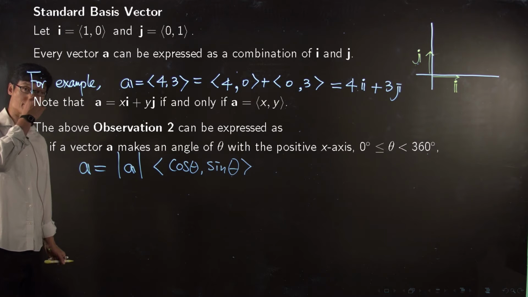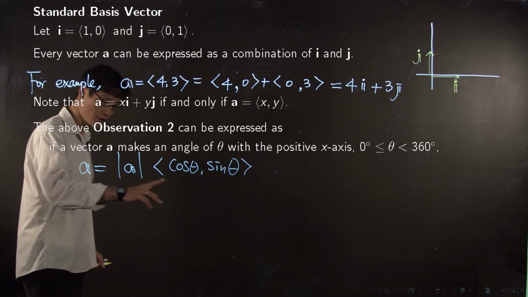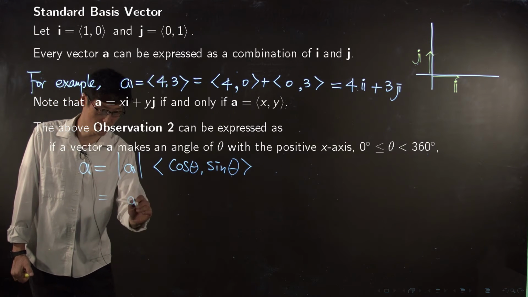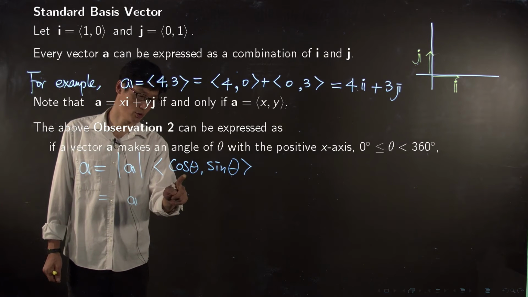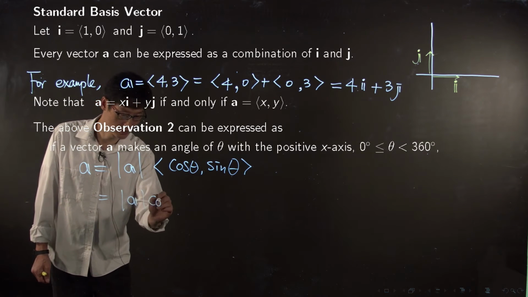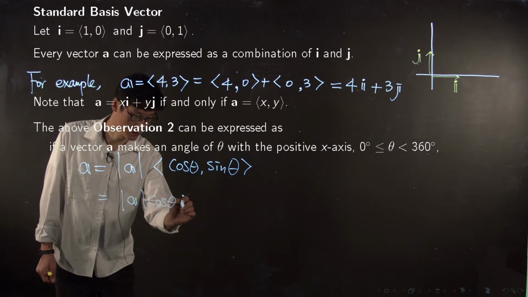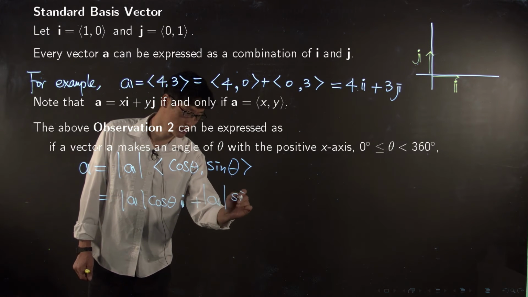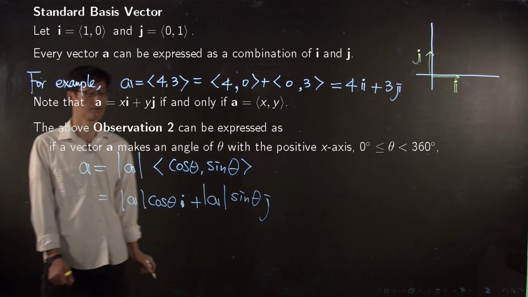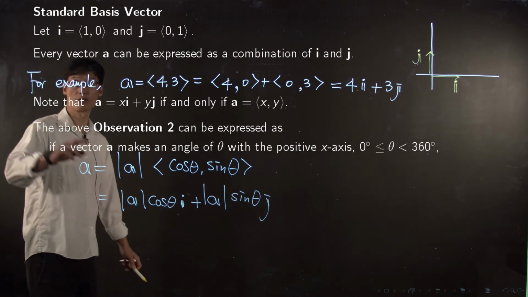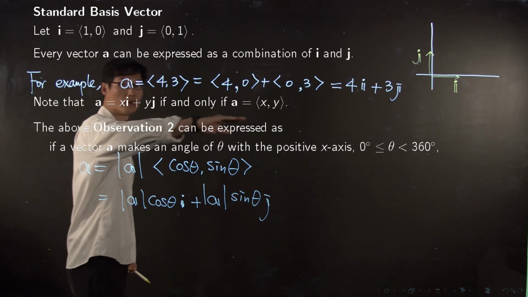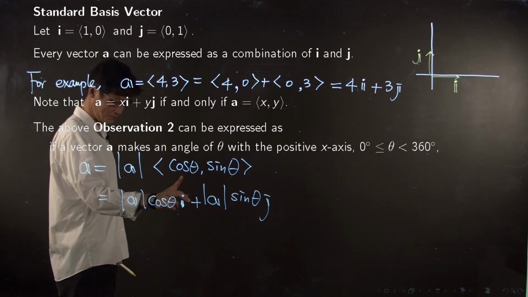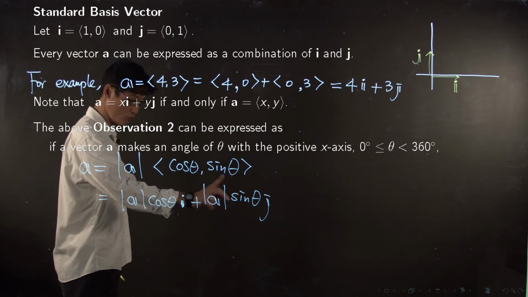We can express this vector in terms of I and J. So this is A times cosine theta, the horizontal component, I, and then A times sine theta, the vertical component, J. We are using the previous line: whenever your vector has coordinates x, y, it is xI plus yJ, the x component times I, the y component times J.